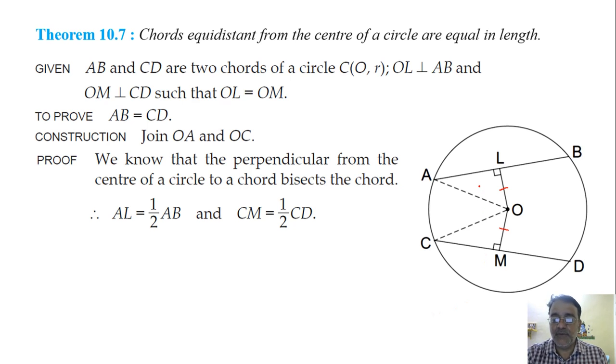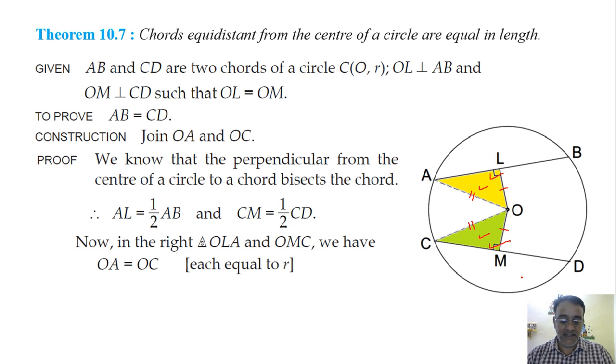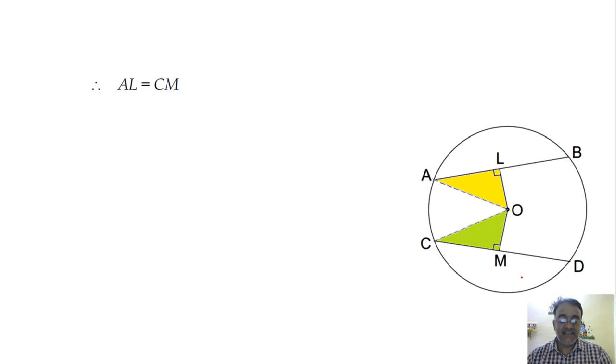Okay, so now we'll prove these two triangles congruent. How? Look carefully: OL is equal to OM, given, and these two are equal. Why? Each is 90 degrees. This one is the radii of the circle, and these two angles are equal, each 90 degrees. So these two triangles are congruent by which criteria? RHS congruence rule. Very good. So this will imply AL is equal to CM by CPCT.